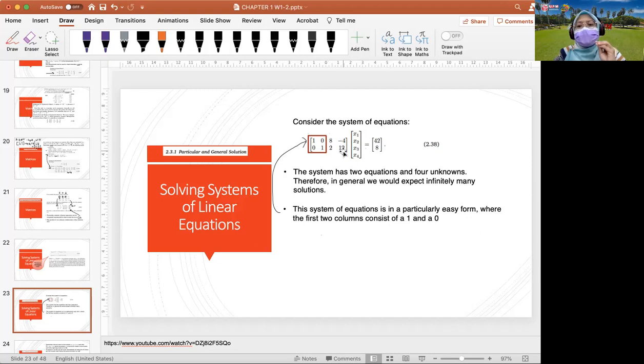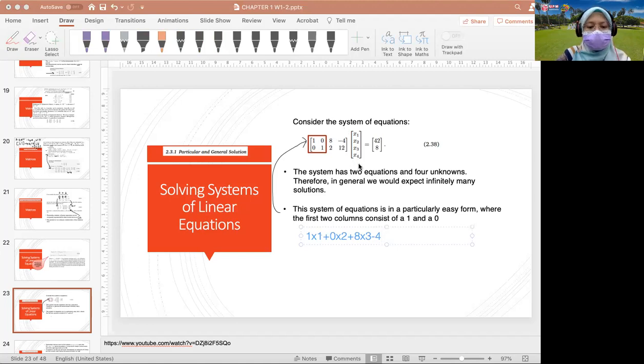In this case, we know that we have two equations. The first equation is 1 multiplied with x1 plus 0 x2 plus 8 x3 plus minus 4 x4.